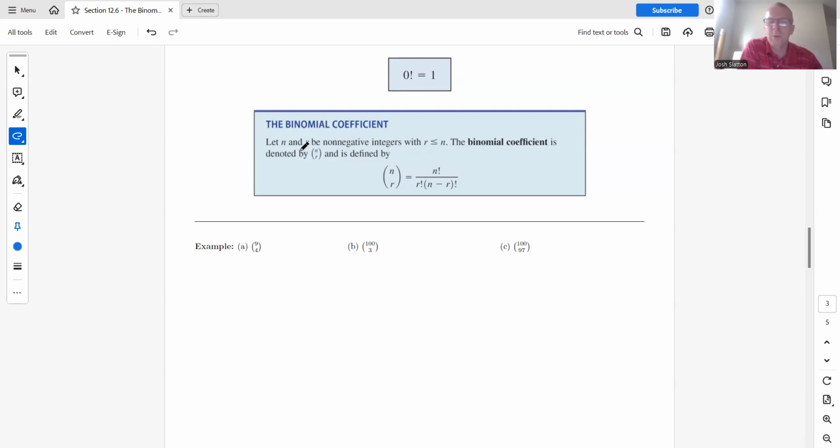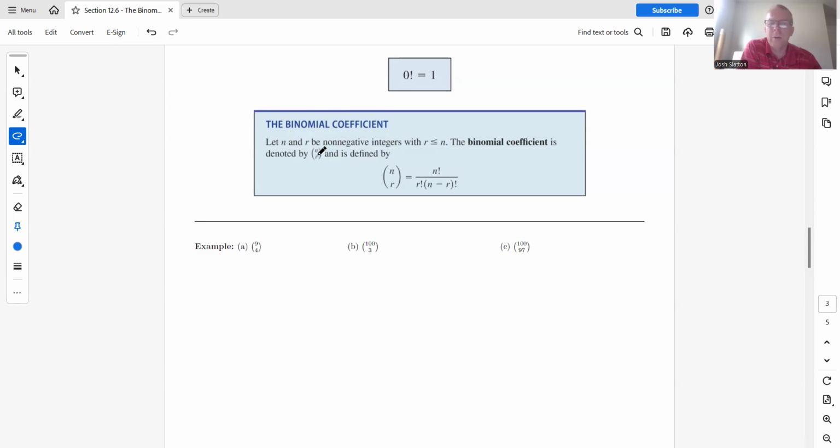The binomial coefficient. So n is our exponent. r is whatever term we are on. Well, not exactly what term we're on, but what the a exponent would be, I guess, would be a better way to look at that.